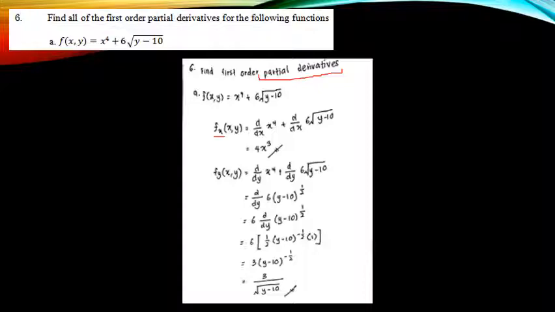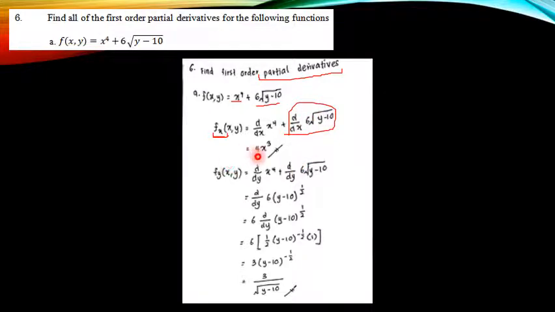We differentiate each given part: d over dx of x to the power 4 plus d over dx of 6 square root y minus 10. This part is excluded because there is no x in it, since this is a partial derivative.